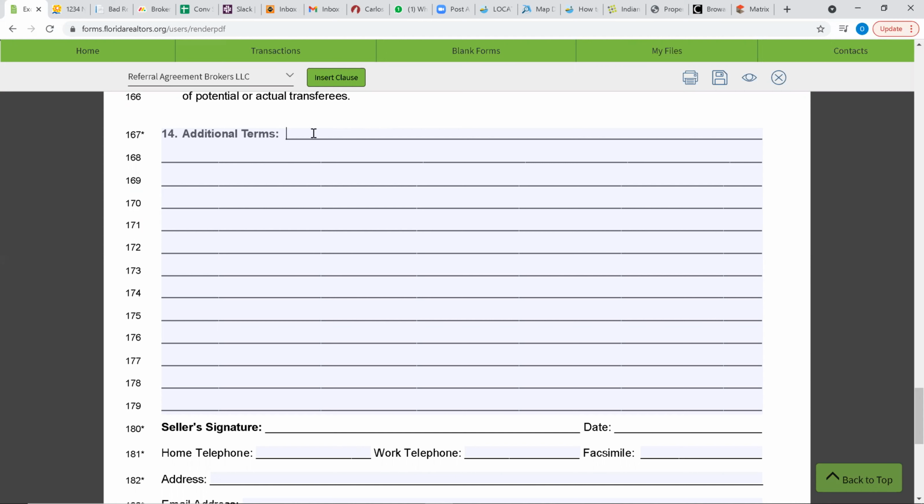And where would you put those terms? I will do it right here. If buyer is procured by listing agent, then seller will be charged only 5% of the purchase price.